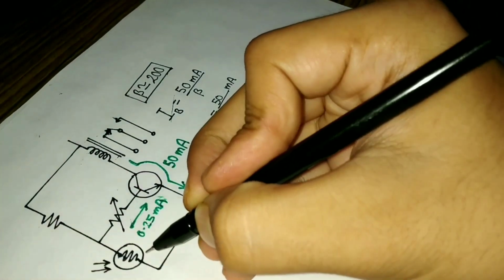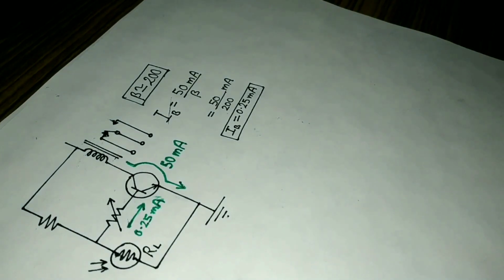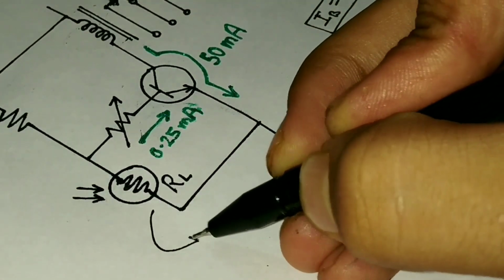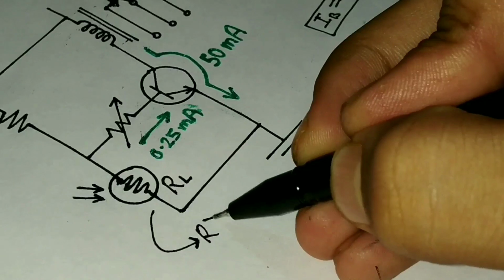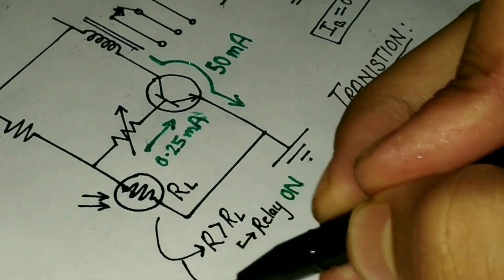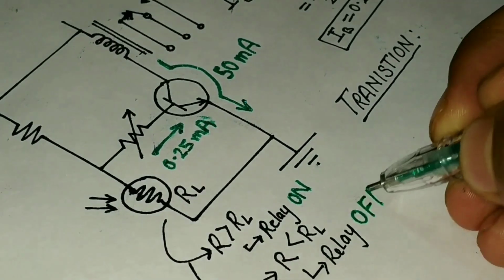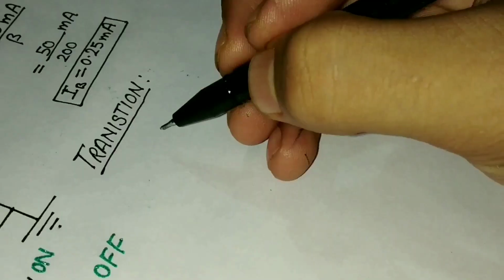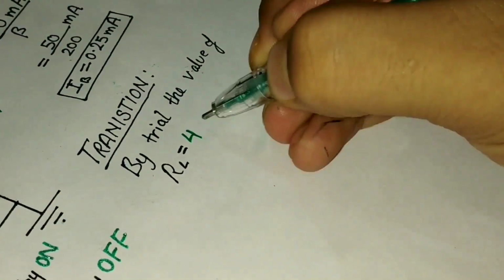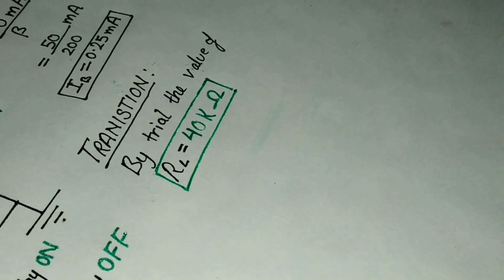Now it was required to find the resistance RL of the LDR at the threshold light intensity, so that above this resistance value, that is in lesser light intensity, the relay gets on, and below this resistance, that is at more light intensity, the relay gets off. By trial, I found this resistance RL to be 40 kilo ohms.